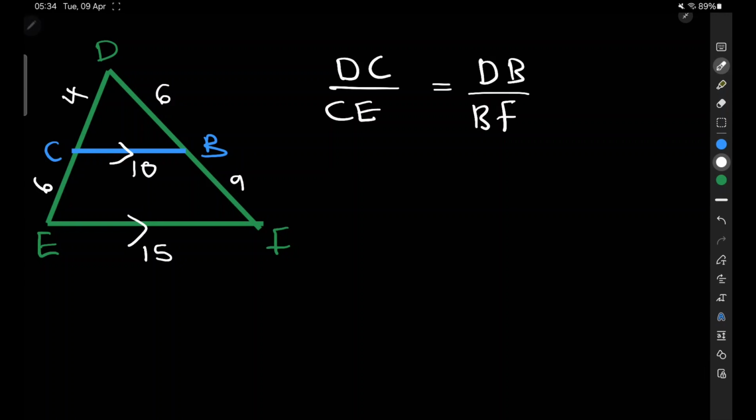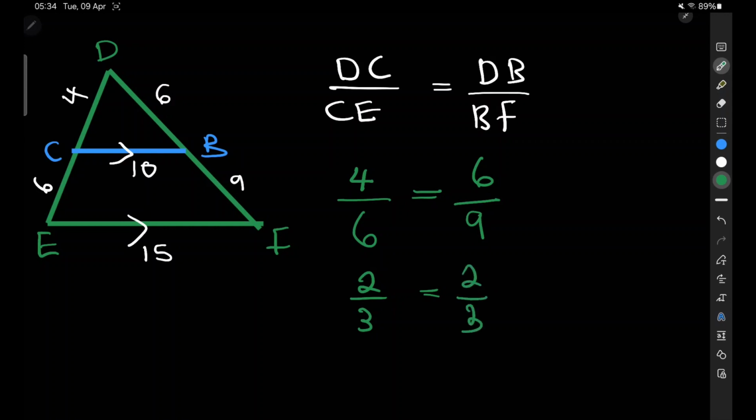Okay, and if we plug in the numbers, DC is 4 and CE is 6, and we're saying we'll have the same ratio as DB, which is 6, over BF, which is 9. Obviously if we simplify 4 over 6, we'll have 2 over 3, and if we simplify 6 over 9, we'll have 2 over 3.